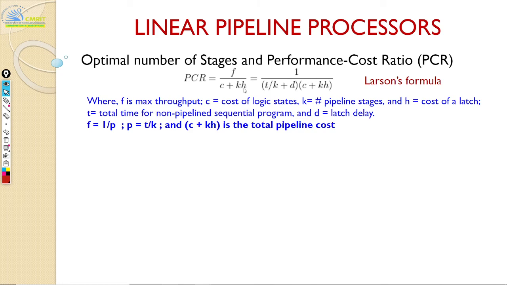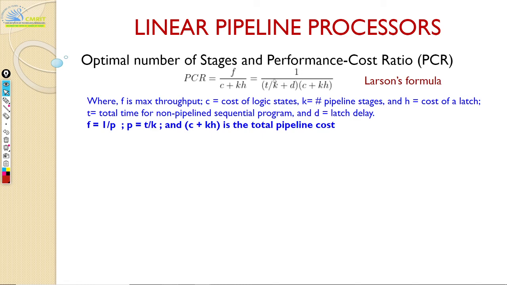And then you can also have F. You can make F as 1 divided by P, where P is T by K. So you're just expressing it as T by K, where T is the time for a non-pipelined processor, and for a pipeline processor, it's going to be T by K, because you're dividing the total time T by K. Correct.